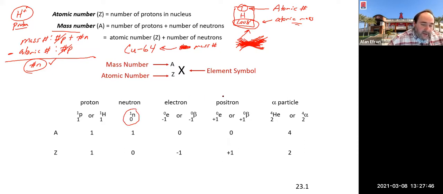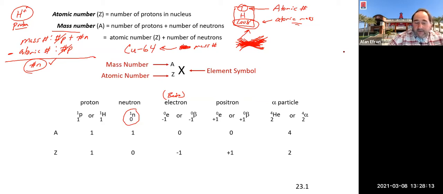And there's our electron, which is basically our beta particle, and our positron and our alpha particle. It's really important to make sure that you know those symbols. It's going to help you when you're writing these nuclear reactions to be able to write them correctly. Any questions on those symbols?